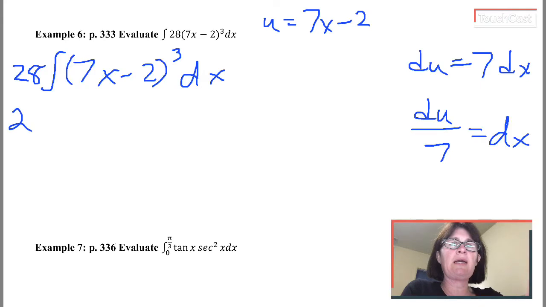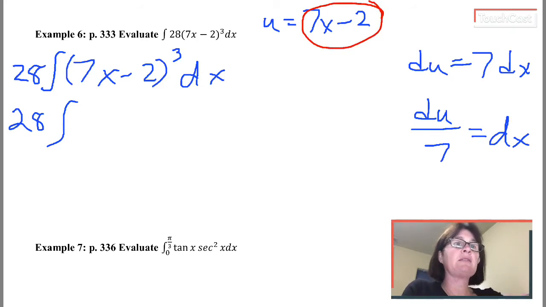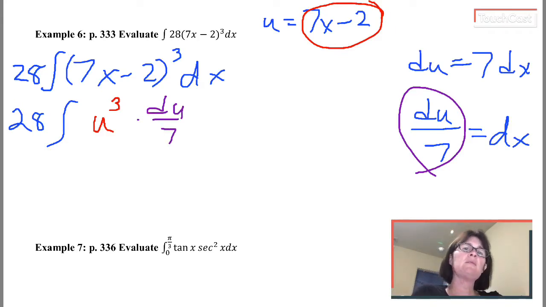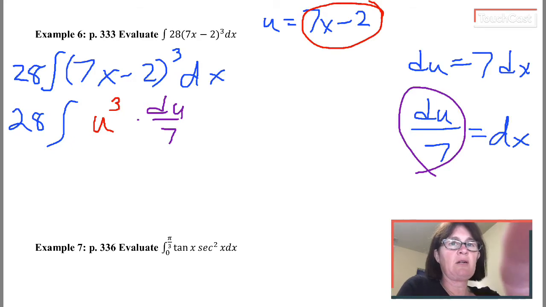All right, so here we go. I'm going to have 28 times the integral of, instead of 7x minus 2, I'm going to write u, so it's u cubed. And instead of dx, in this case, I'm going to write du over 7. So the 28 and the 7 can cross cancel.